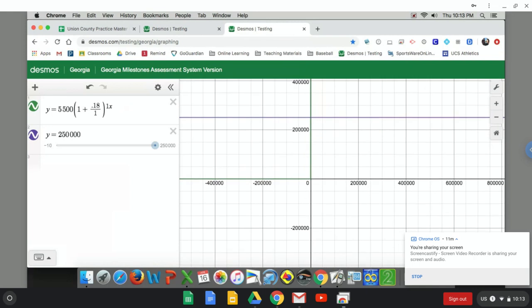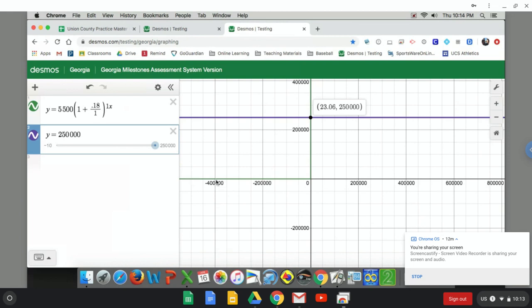The awesome thing about it is you don't have to zoom in. All you have to do is click it right there and hover over it, and so it's going to take you 23.06 years, which is our x value, to reach that 250,000.